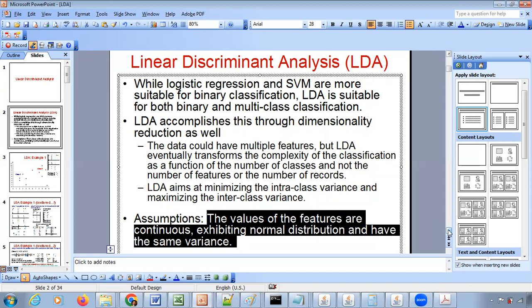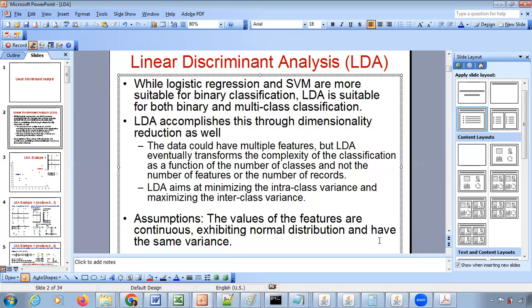So it assumes that the variance for each of the features is almost the same or comparable. But I have an example that shows we could use LDA even if this last requirement is not satisfied. That means the features could have different variances, and we could still successfully apply LDA to such a data set.